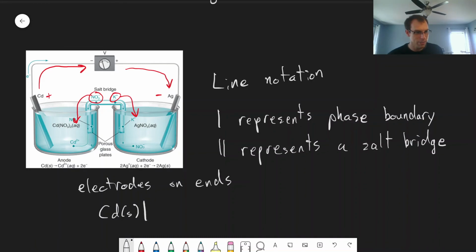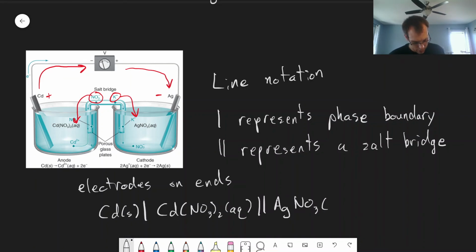Then a phase boundary. Then we have our cadmium nitrate in the aqueous phase, the other half of this reaction. Then a salt bridge, and we write our silver nitrate in the aqueous phase. Then a single line, because we have a phase boundary, and our silver electrode goes on the other end.